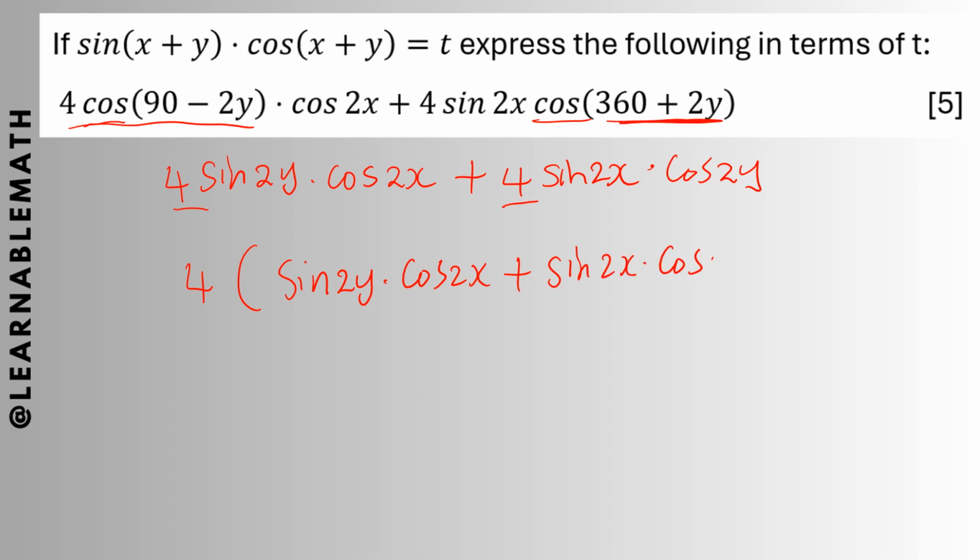times cos 2y. Okay, you can see that now we have sine cos, sine cos. Can you see? We have sine cos, sine cos.